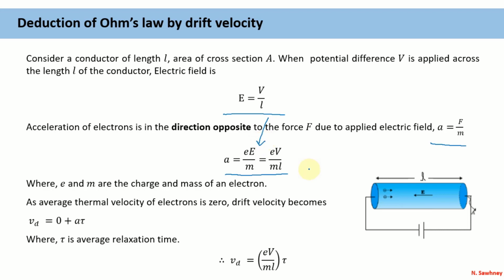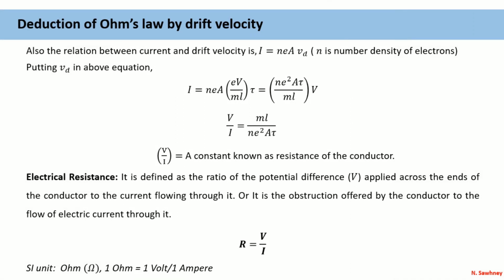As the average thermal velocity of electrons is 0, the drift velocity becomes a tau, where tau is the average relaxation time. Putting down the value of a from above, we get drift velocity as eV upon mL into tau.